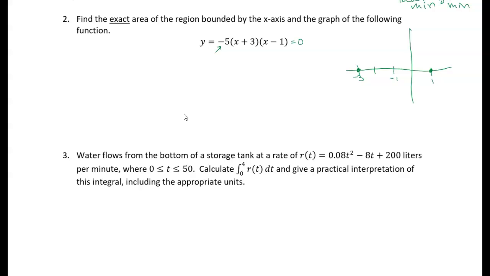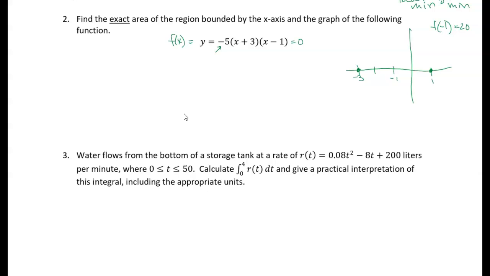And if I evaluate this function at -1, if I call this, say, f of x equals y, then f at -1 is going to be -1 plus 3 is 2, and then times -2, and then times -5, so I get a +20.